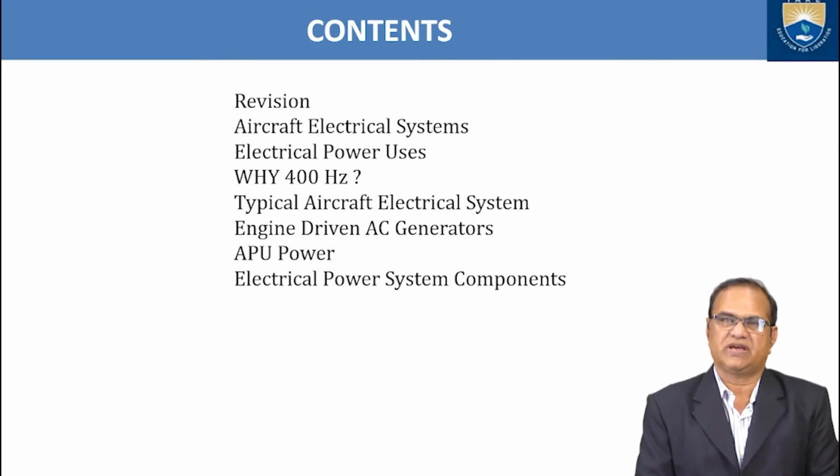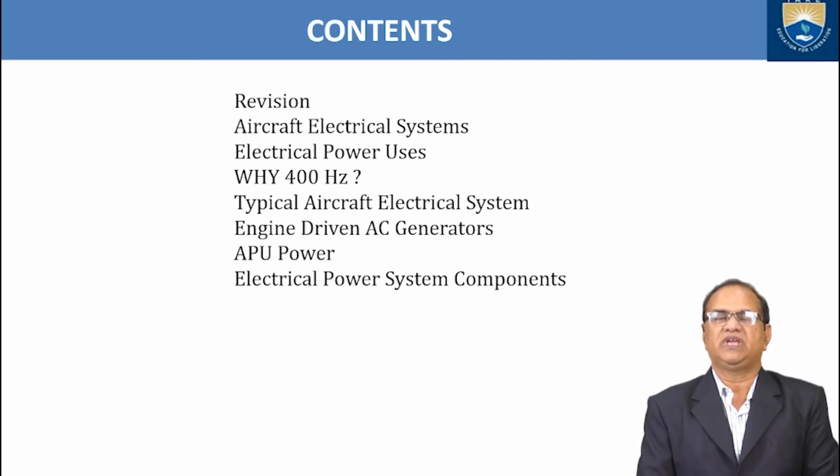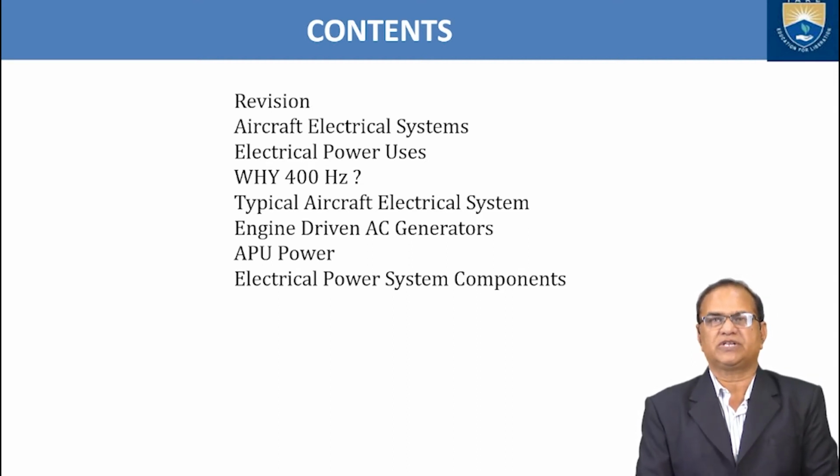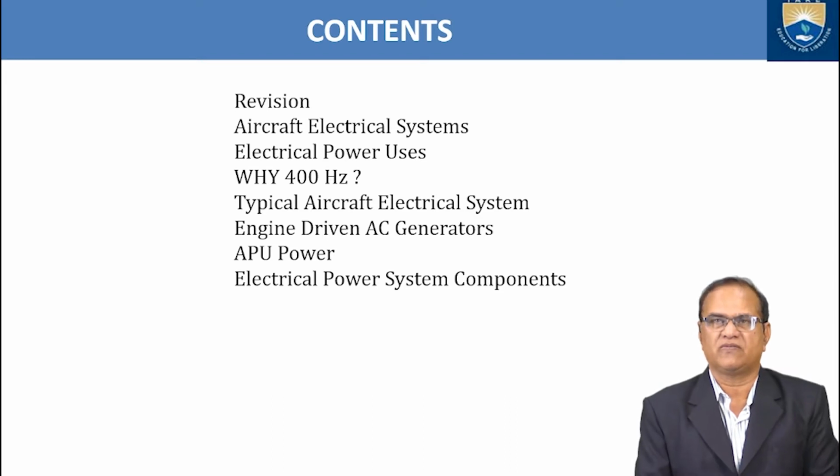As you know, we can divide these aircraft systems into 4 categories. That is the airframe system, then vehicle system, then avionics system, and the last is mission system. This electrical system which I am going to discuss here is a part of the vehicle system, and the electrical system is very important for the operation of aircraft equipments.